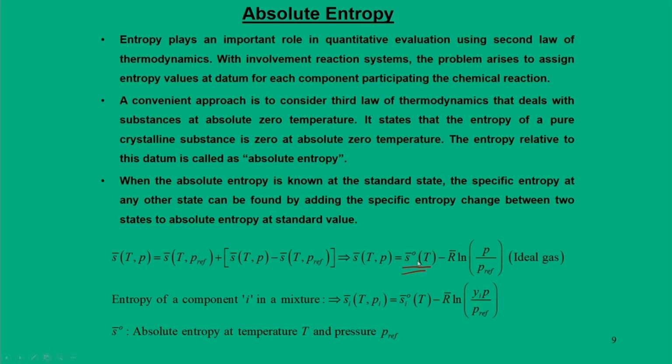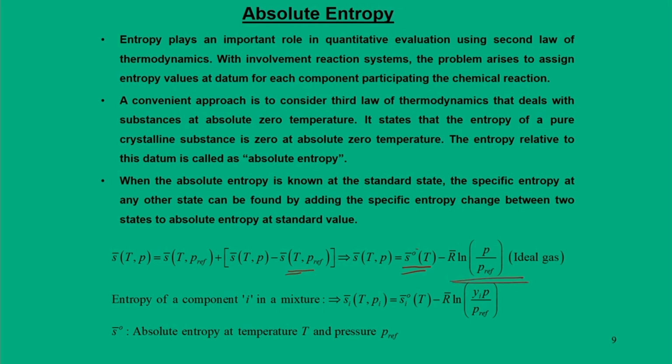There is no requirement of pressure, because the third law of thermodynamics says that pressure has no role at absolute zero. So, at that point the entropy that is calculated is S0 at T, and the other reference state can be approximated, that is minus R ln P by P reference.